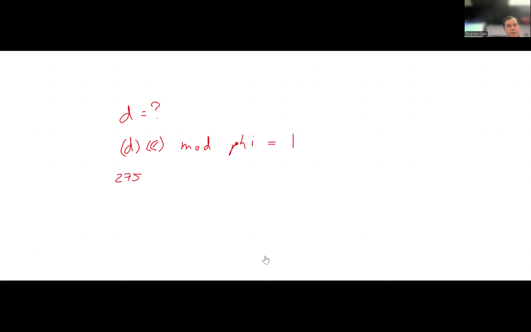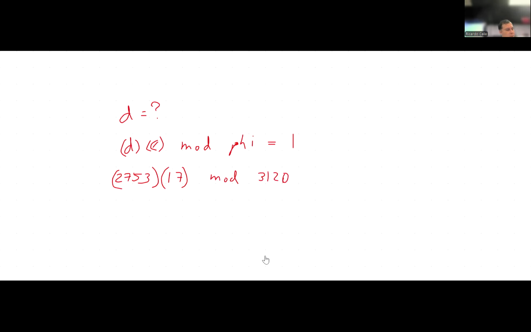E was 17 from the previous problem. E was 17. Mod phi was 3,120. And this is equal to 1.